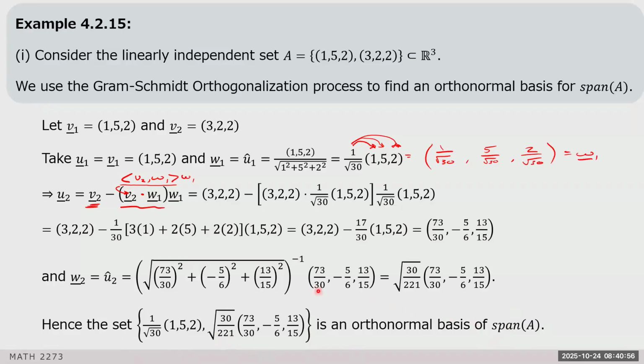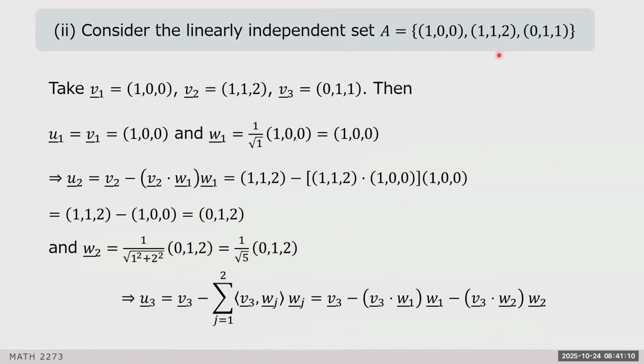Okay, so what about this next one, where again we're given a linearly independent set consisting of these 3 vectors, and we want to use Gram-Schmidt to get an orthonormal set or orthonormal basis. Again, label the vectors v1, v2, v3.